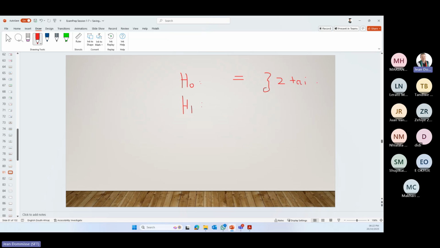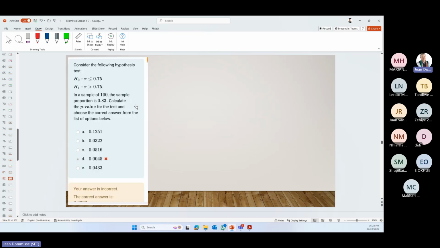So equal will give you two-tail. All the others, bigger or equal to, smaller or equal to, those four will give you a one-tail. That is the important thing about hypothesis testing. All your confidence intervals were always two-tail because we always looked at lower confidence and upper confidence, but with hypothesis testing, it can be a one-tail.